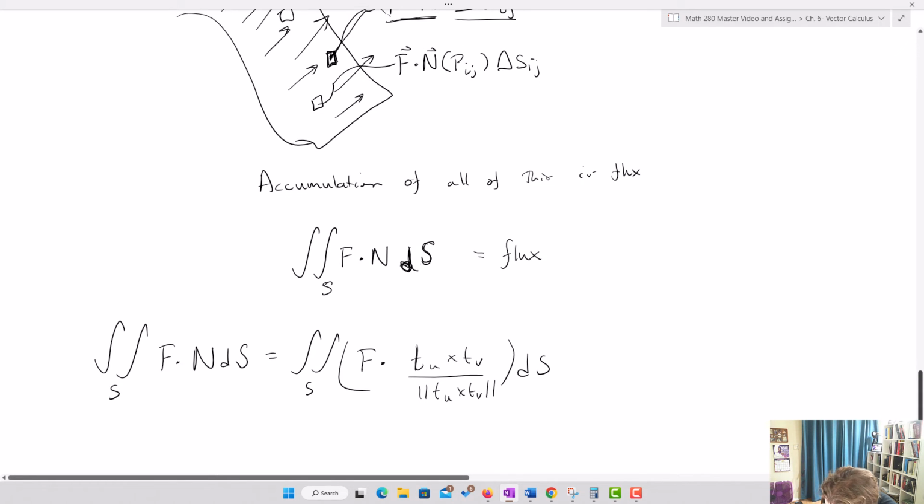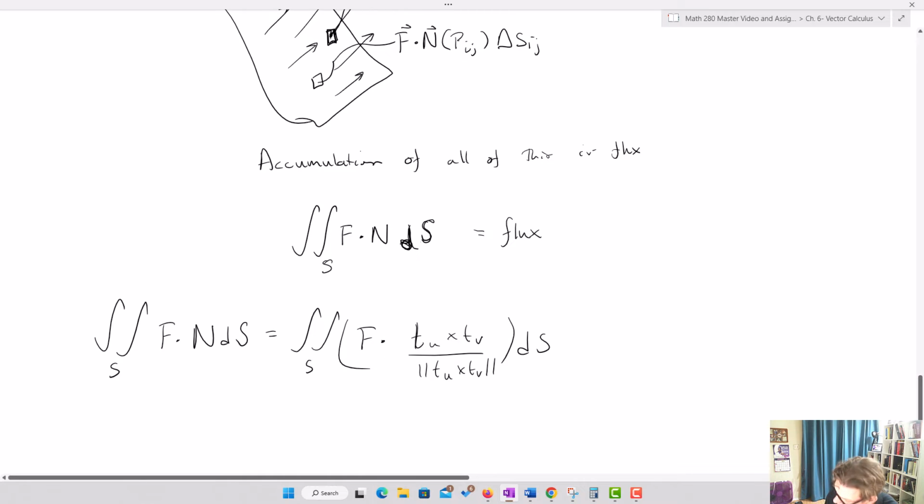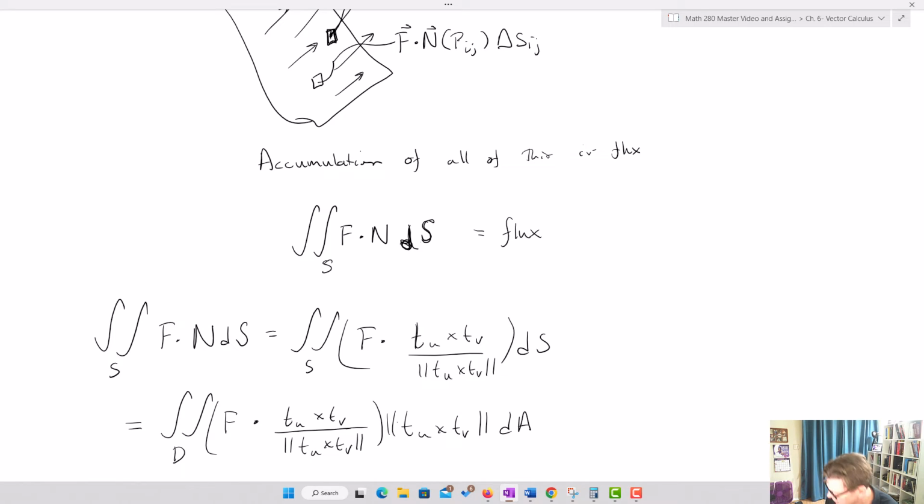And what we'll do is we'll actually change this to an area integral, all right? So we'll have this equal to the double integral over the area D of F dot Tu cross Tv over the magnitude of Tu cross Tv, and then this becomes multiplied by the magnitude of Tu cross Tv dA.